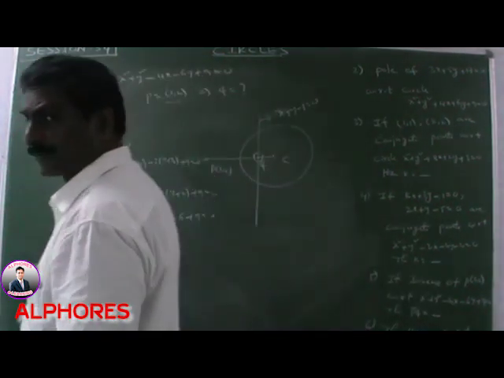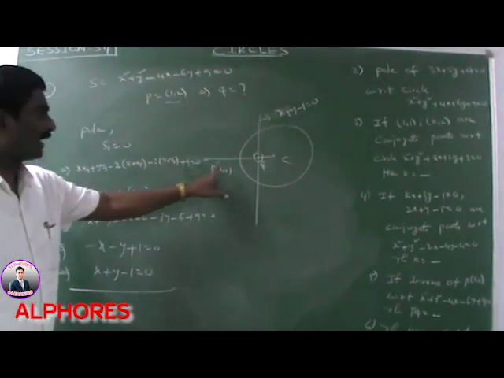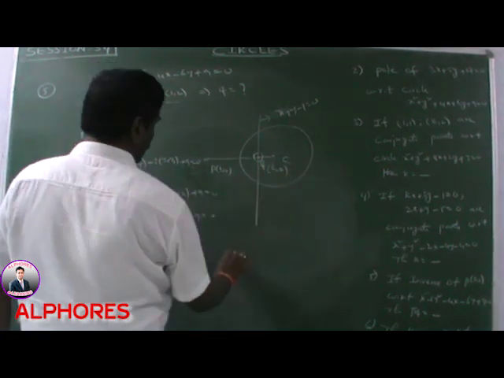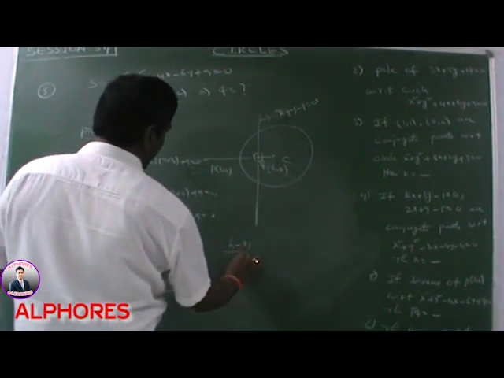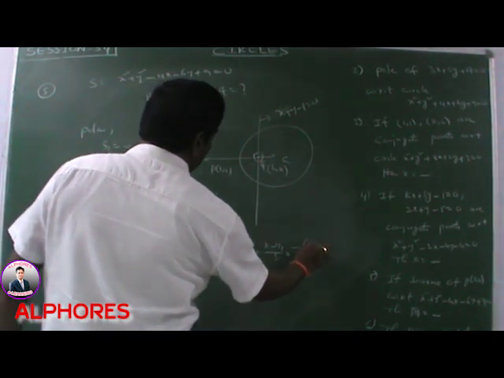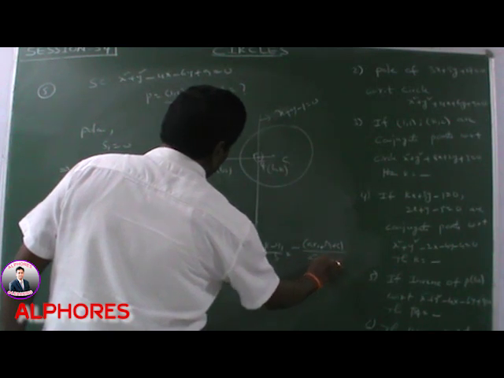Now we find the value of Q. Q is nothing but the foot of the perpendicular from P to this line. We use the formula, say this point is (h, k). By using the foot of the perpendicular, (h minus x1) by a is equal to (k minus y1) by b is equal to minus of (ax1 plus by1 plus c) by (a square plus b square).